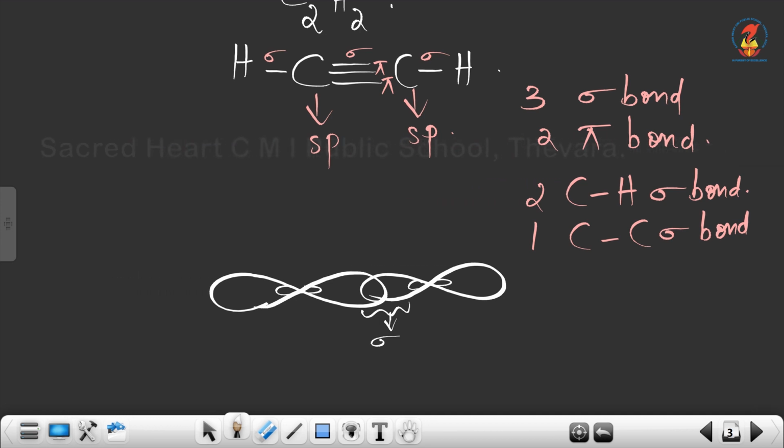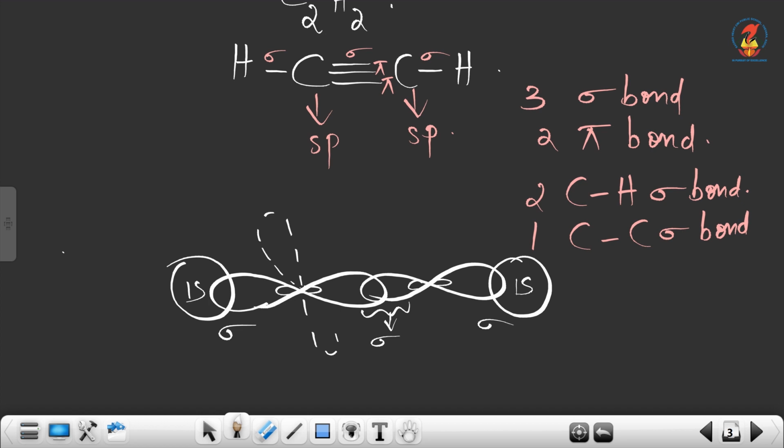Okay, and one of the hybrid orbitals will overlap with half-filled 1s orbital of hydrogen to form CH sigma bond.